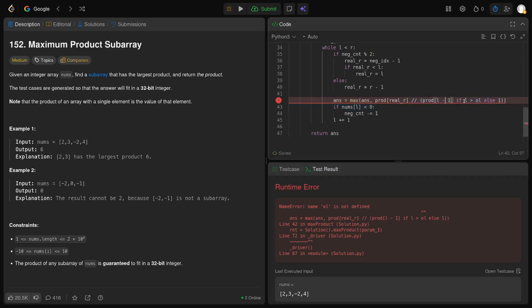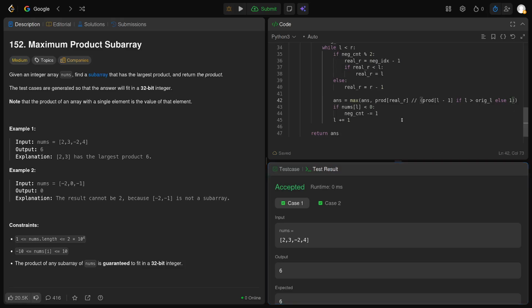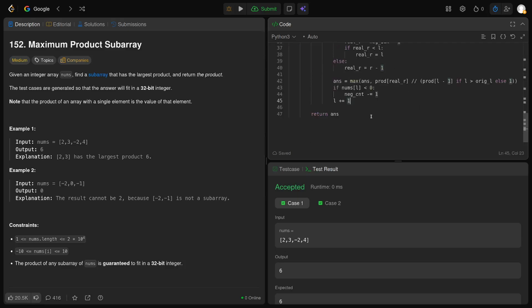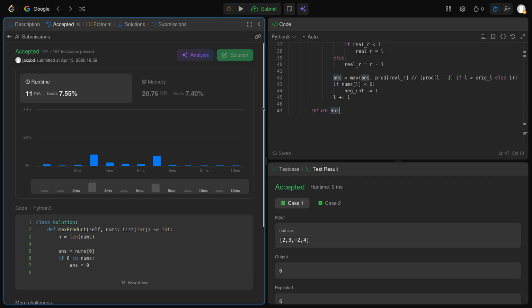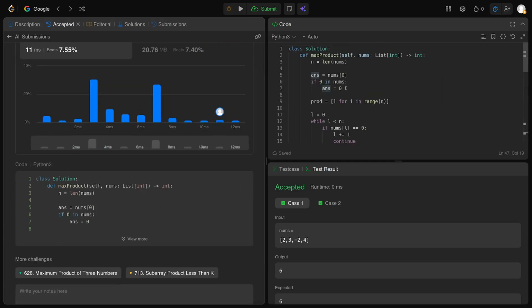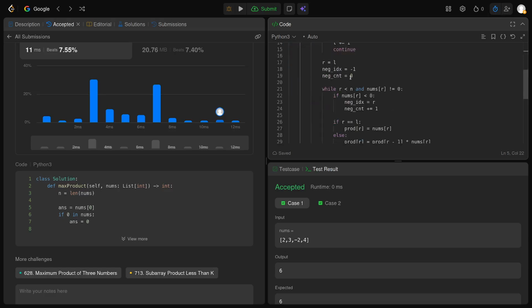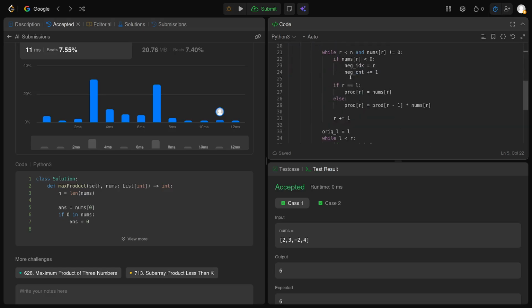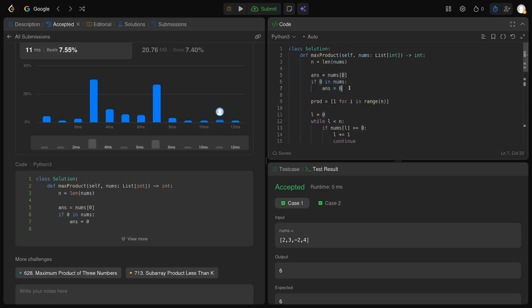Something wrong, or original L. Okay, I mean it seems to work. Let's see. Okay, that's fair. I have a big constant factor, I think, which is why that happens, but also this product is kind of oof.